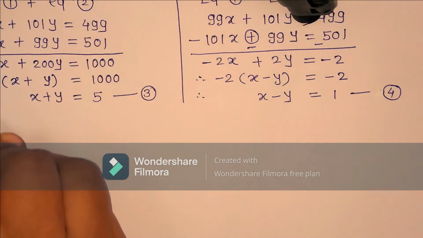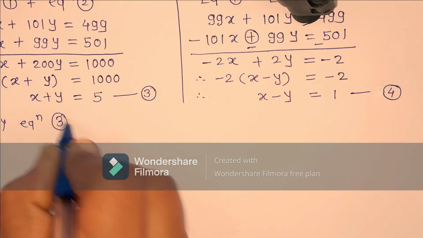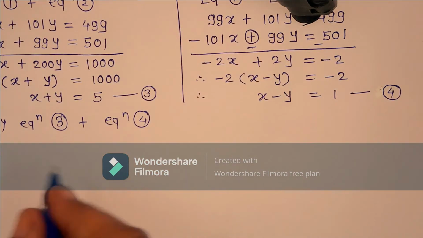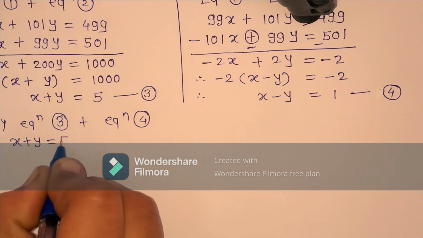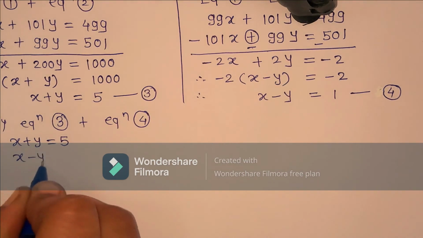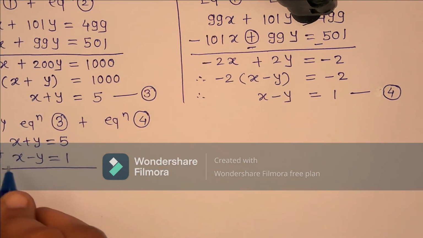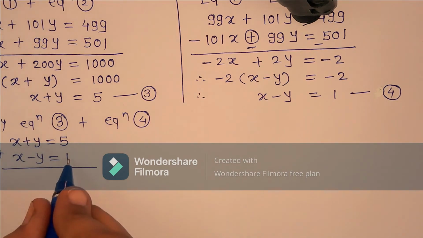So here, equation 3 plus equation 4. Equation 3 is x plus y is equal to 5. Equation 4 is x minus y is equal to 1. We will have its addition. It will not change the signs of other terms.